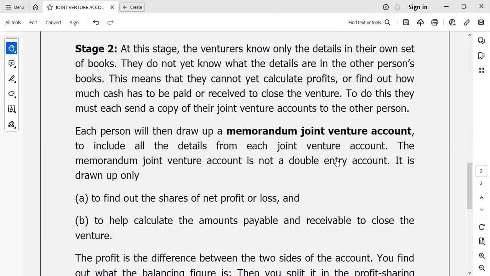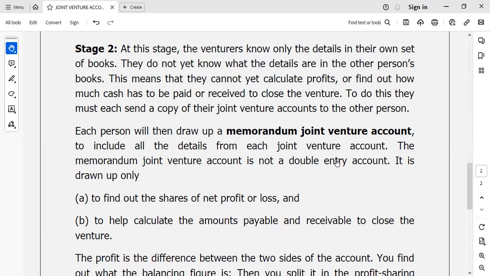The profit is the difference between the two sides of the account. We have transactions on the debit as well as transactions on the credit. Remember, I told you that on the debit, we record payments for goods and other expenses. Then on the credit, we record the receipts.